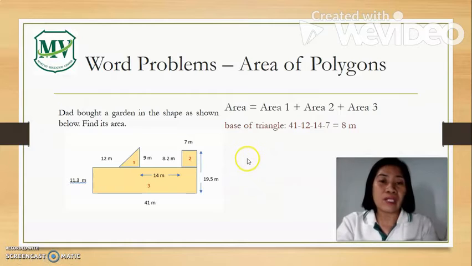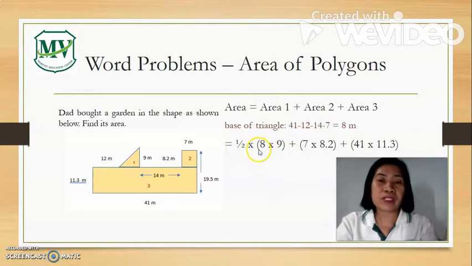So now, let's substitute the values into the formula. 1/2 times (8 times 9) plus (7 times 8.2) plus (41 times 11.3).